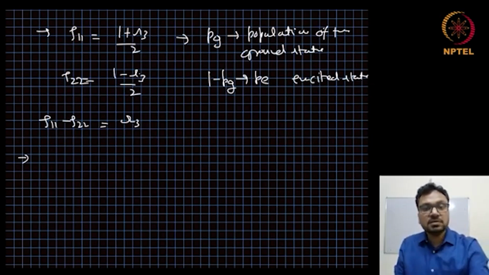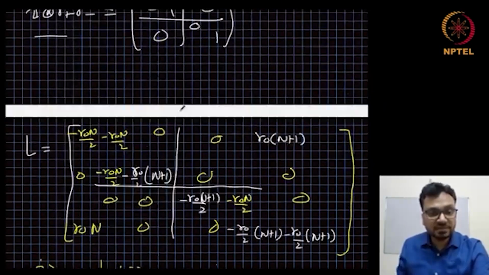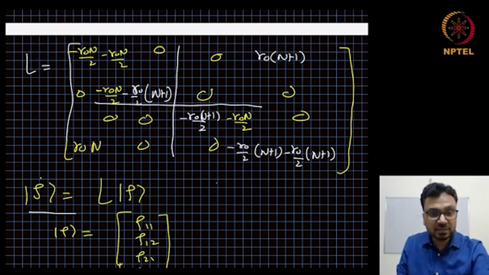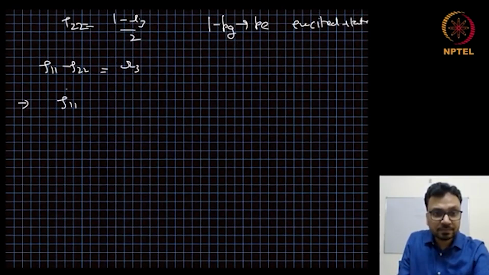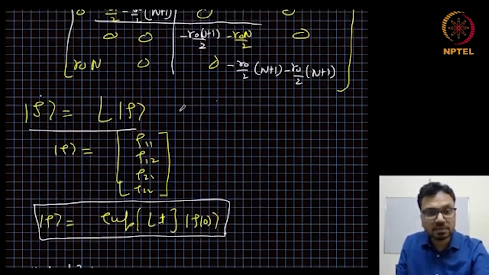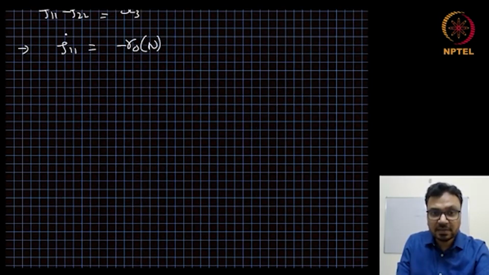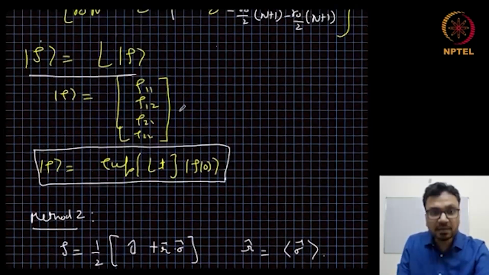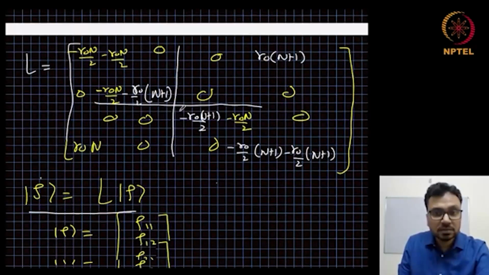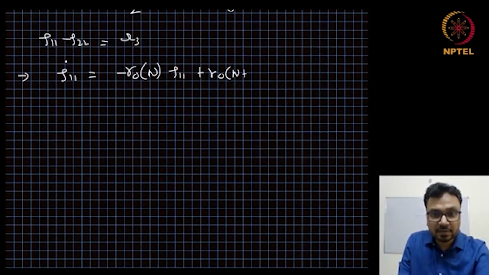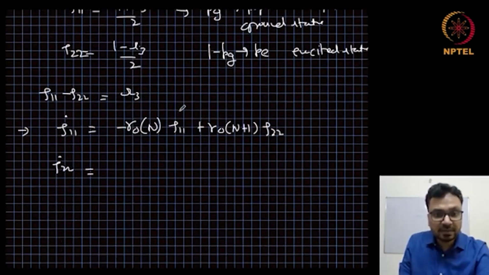So from the master equation we just derived for the two-level system in terms of L matrices, we can see from this equation that rho 1 1 dot is gamma naught n times rho 2 2, minus gamma naught n times rho 1 1, and plus gamma naught (n plus 1) rho 2 2, and rho 2 2 dot is gamma naught n times rho 1 1 minus gamma naught (n plus 1) rho 2 2.